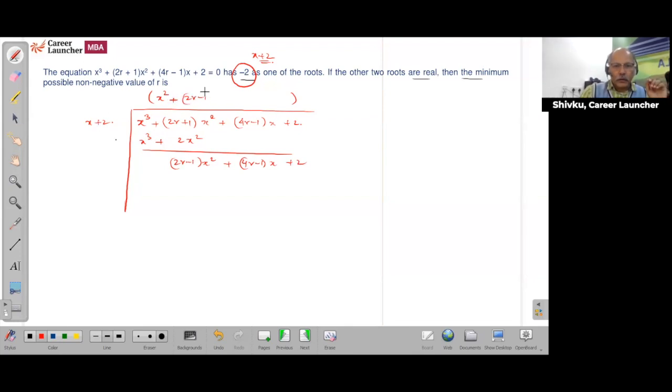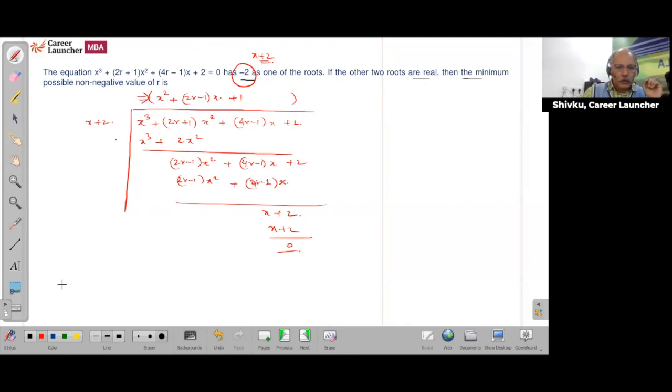So you'll get (2r minus 1) into x squared plus (4r minus 2) into x. When you subtract one from the other, you'll get x plus 2, right? So x plus 2. You can see that the remainder is 0. So hence this is divisible by this.